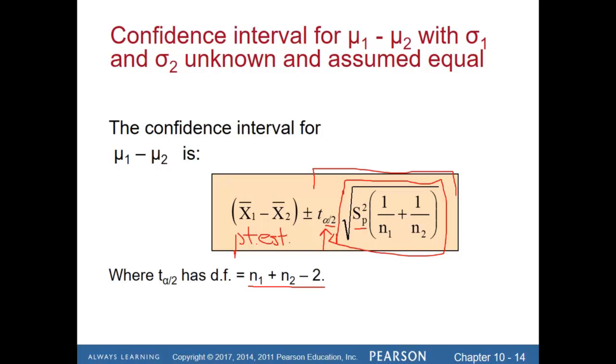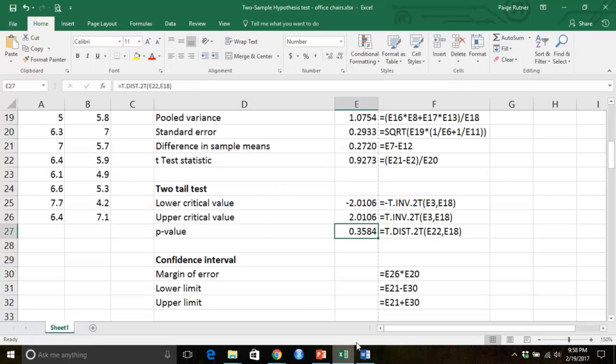So this is really just a matter of plugging a few things in to determine the upper and lower limits for the confidence interval for the difference between the two means.